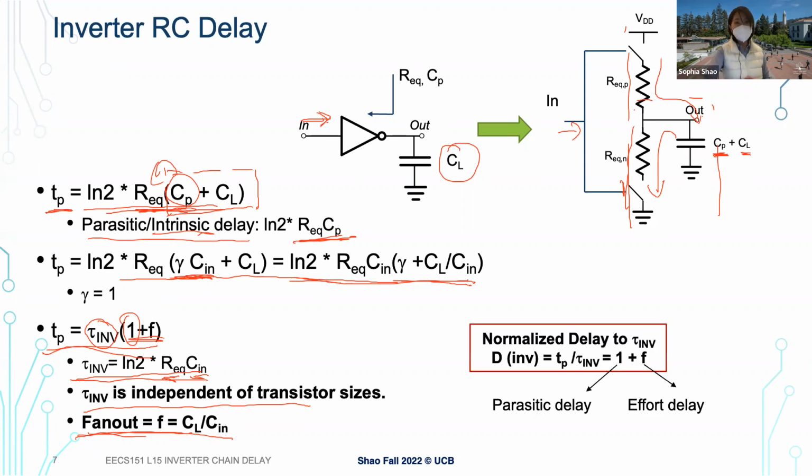So a lot of the time, when you see people reason about delay, it's very simple. They just have two terms: a constant, which is the parasitic delay, intrinsic and always there, and what they call effort delay. It's called effort because it's how much effort we need to make so that we can drive the gates after us.